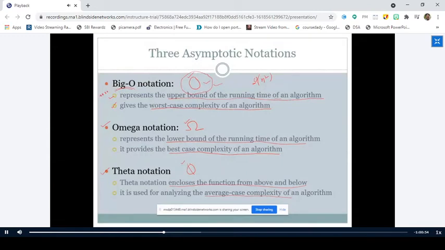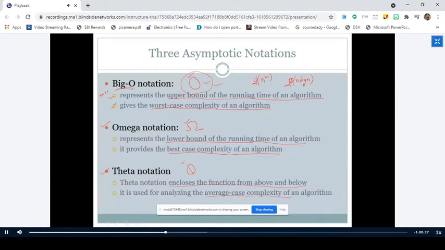What do you understand by this big O? It is the worst case complexity. That means we are going to measure the worst case complexity of that algorithm. If I say that the binary search has a time complexity of big O of n log n, what does it mean? That means I am going to find the worst case analysis of the binary search. That is why I have denoted it with big O notation.